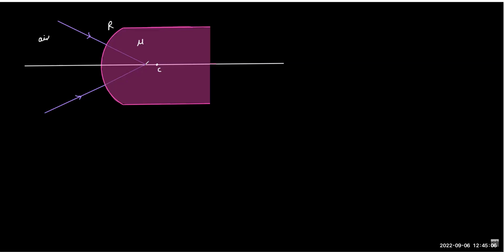So when the light ray is coming this way, then this is the virtual object.